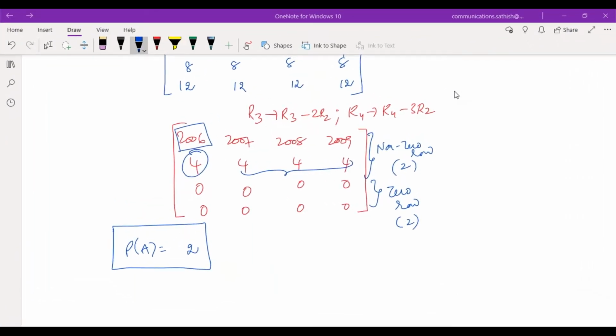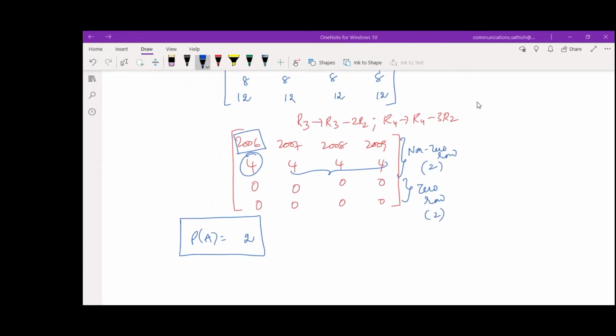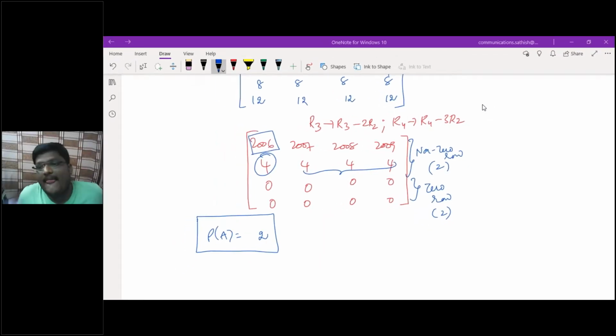That way also we will get rank 2, no, sir.